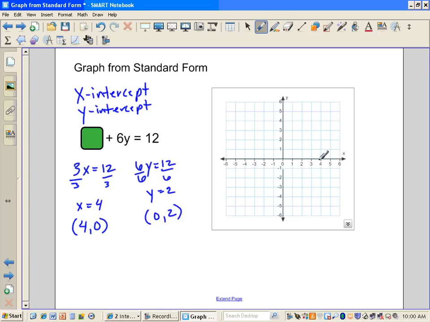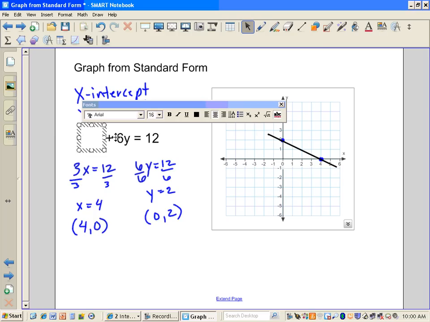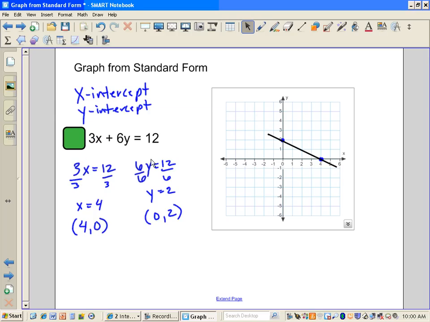So if I put a point at 4, 0 and a point at 0, 2, I'm going to grab a line. I'm just going to draw that line in. There is my line of 3x plus 6y is equal to 12.